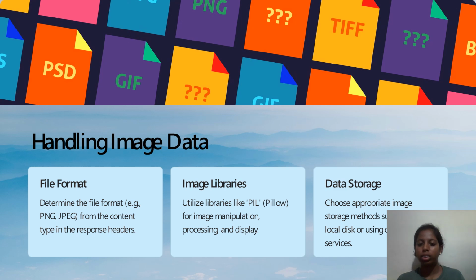And the third is data storage: choose appropriate image storage methods such as local disk or cloud services. After knowing the file format, we use PIL for processing and display. After processing and display, we store the image we have downloaded.